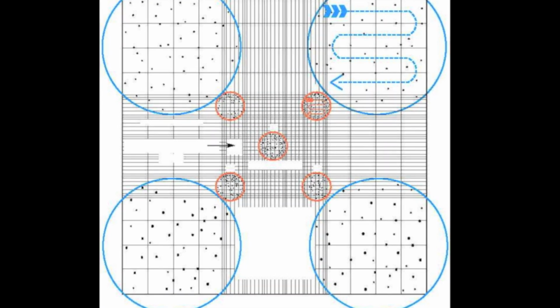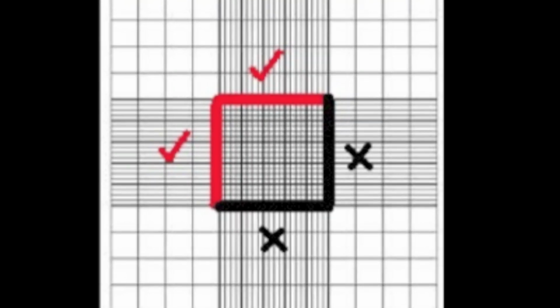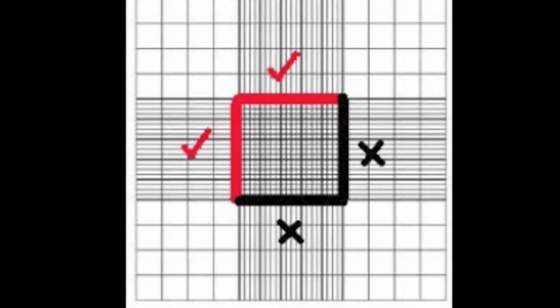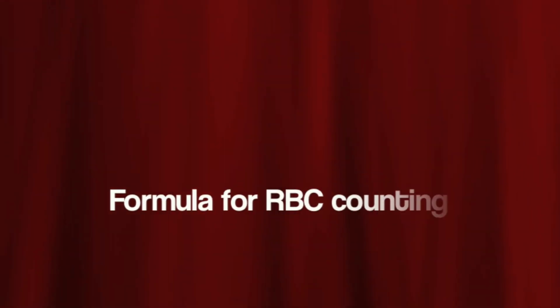The cells in big squares are counted randomly. When the cells are located along the borders of the squares, only top and left sides of the squares are considered. Right and bottom sides of the squares are rejected.